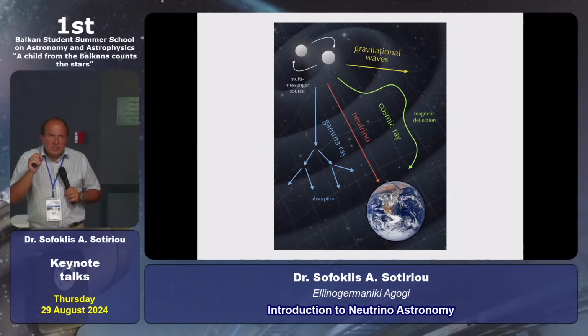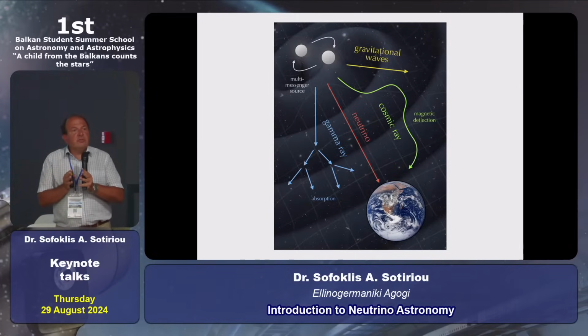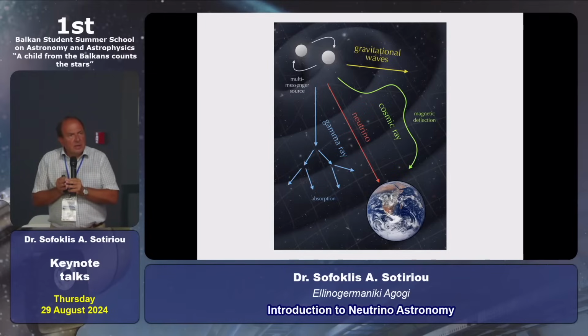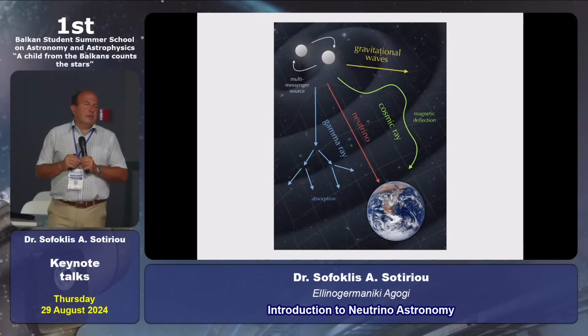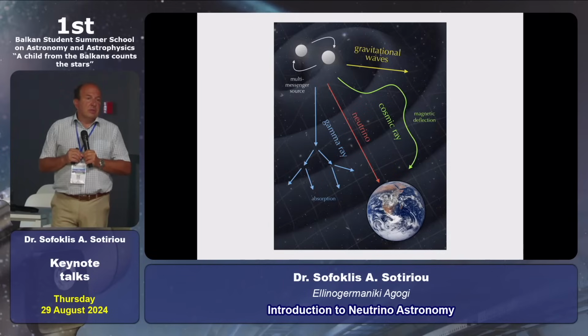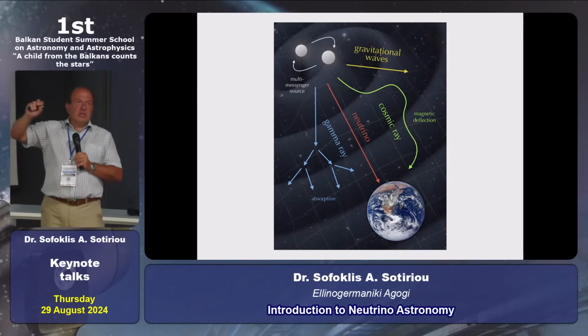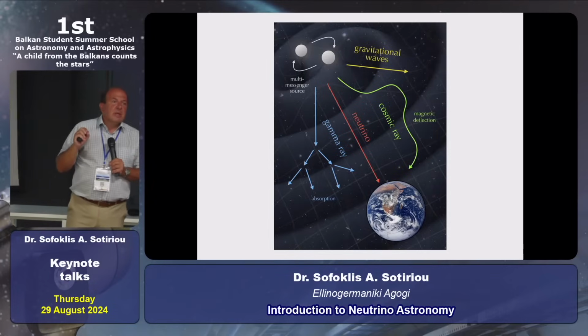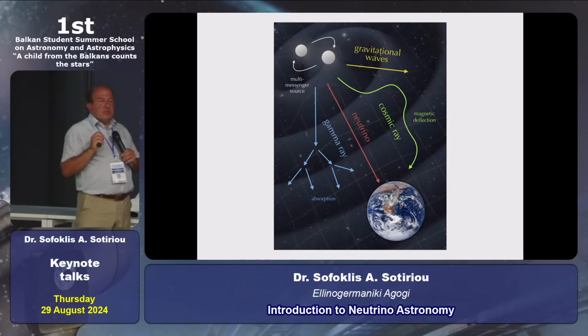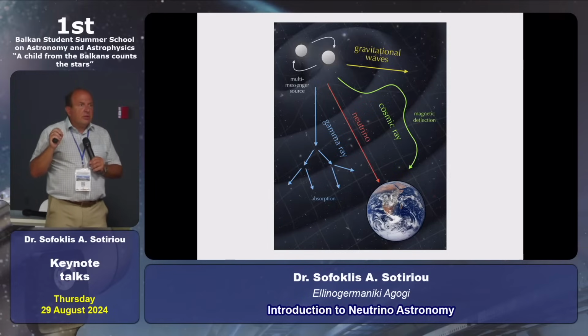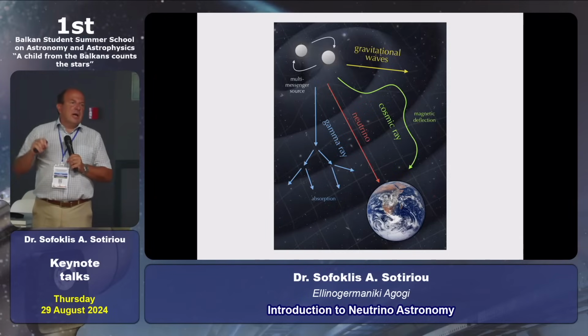Furthermore, as we said, they were separated from matter much earlier, at the birth of the universe. So just as the first photons are still around here, as we heard in the previous presentation, these relic neutrinos are also around us.